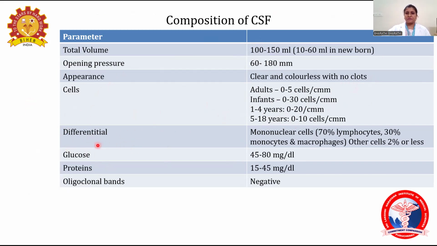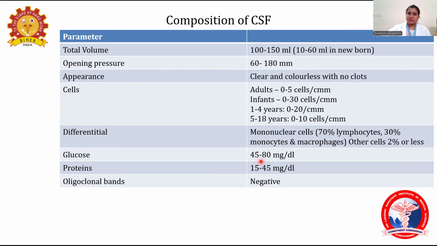Among the cells, the differentials are generally mononuclear cells, 70% lymphocytes, monocytes, macrophages, and only 2% other than these. So this is the normal cellular composition of the CSF. It does not have RBC.